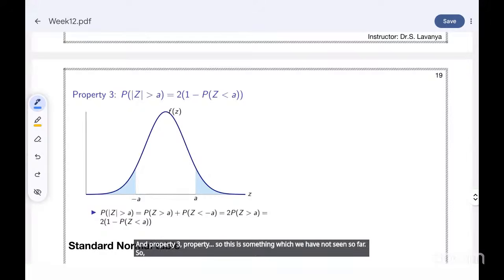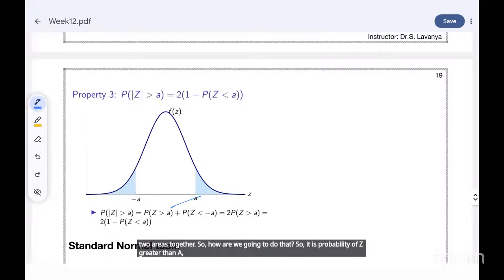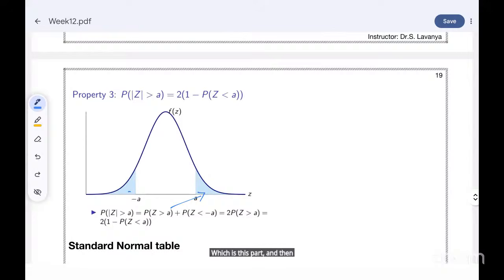So listen carefully. Probability of mod z greater than a. That means this blue area is what we are looking at. So we need to add the two areas together. It is probability of z greater than a, which is this part, and then probability of z less than minus a, this part. Both parts need to be added up.